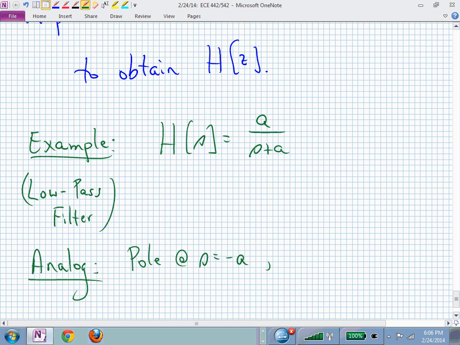So we have one infinite zero because there's only an s to the 1 power downstairs. And we have no finite zeros. There's no finite value of s that causes h of s to vanish. Is that clear? So now we're going to be talking about finite zeros and infinite zeros.